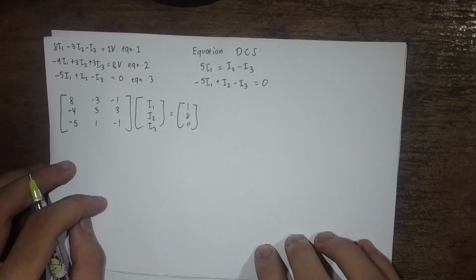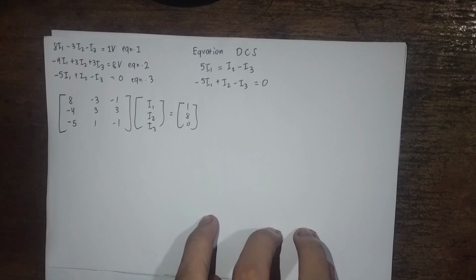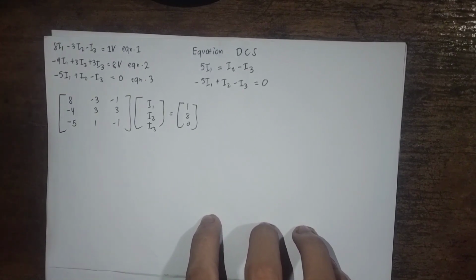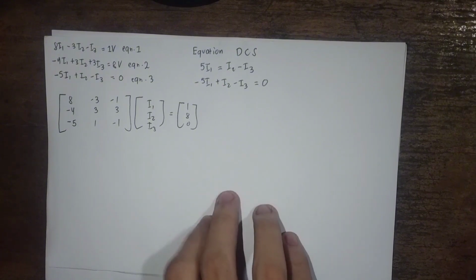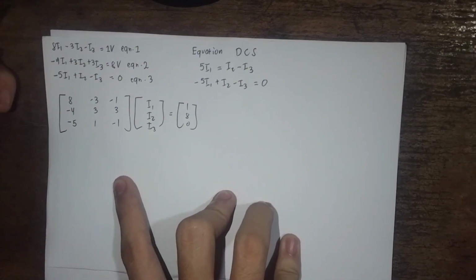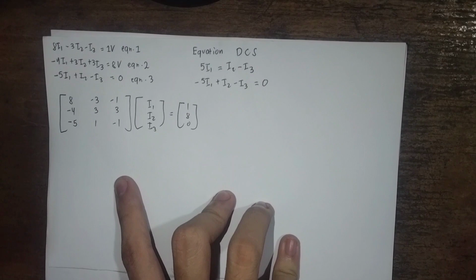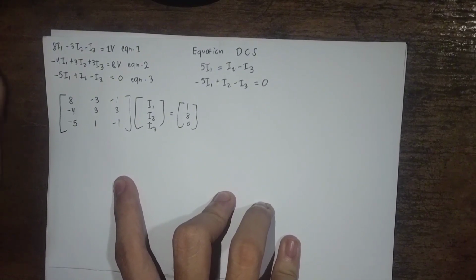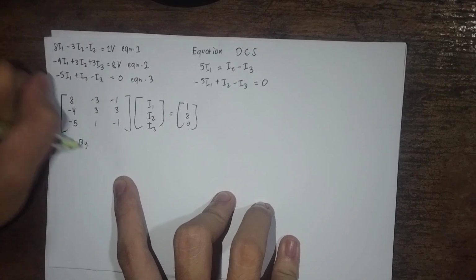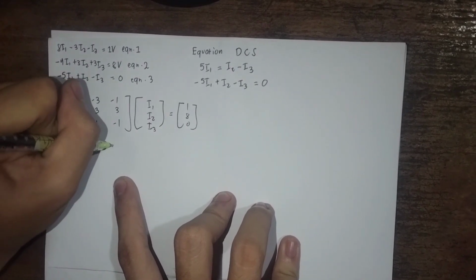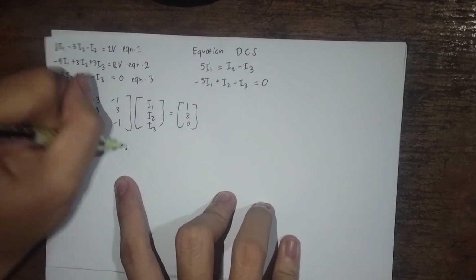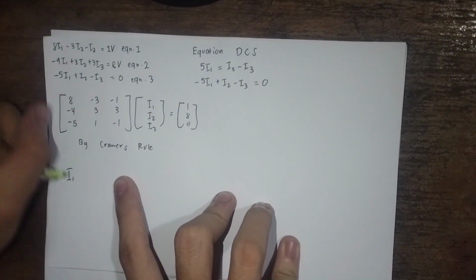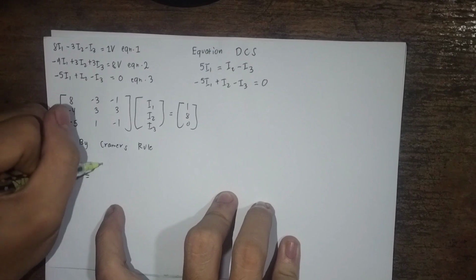At this part, I put the three equations in matrix form so that I can use Cramer's rule. I only need I1 to get the power, so I will not solve for I2 and I3. So by Cramer's rule, I1 equals the determinant.